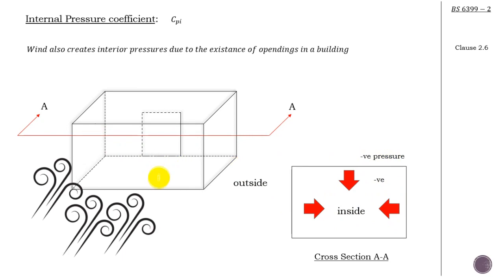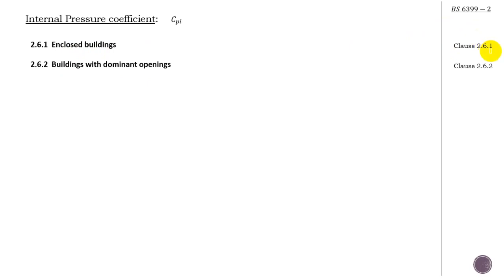But if I, for instance, shifted the door to the leeward side of the building, then I'm going to have a negative pressure. Now, the code has basically 4 categories. That is the enclosed buildings, clause 2.6.1, the buildings with dominant openings, 2.6.2, then open-sided buildings, and finally the open-topped cylinders.